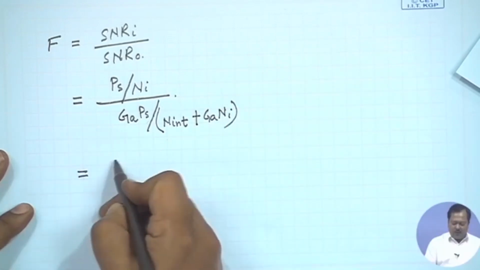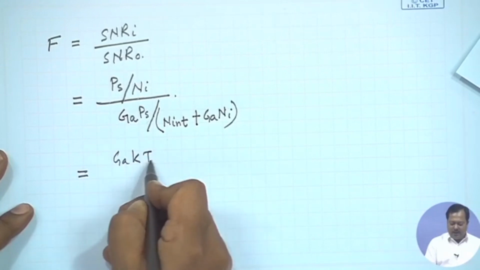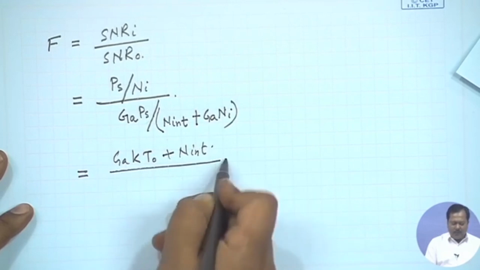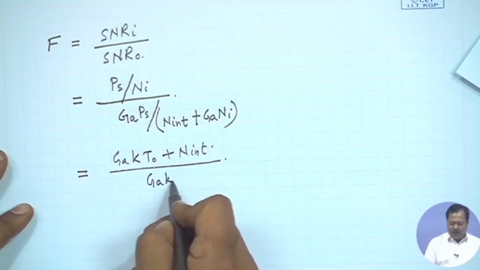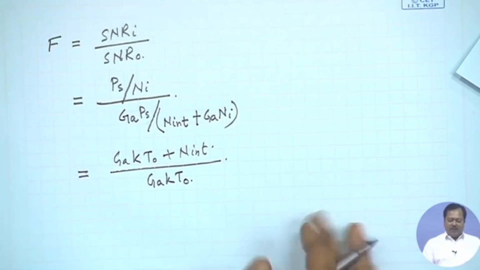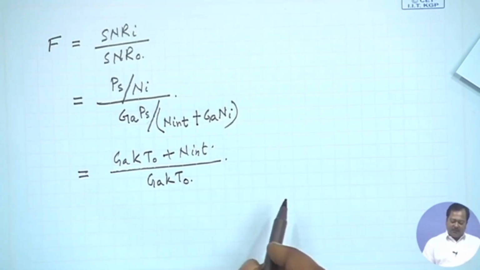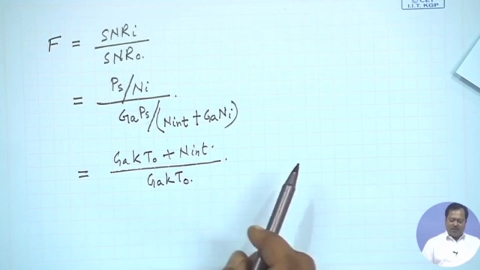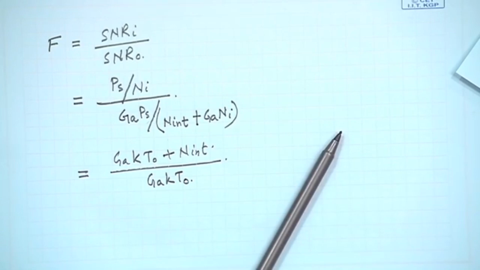So, this is equal to Ga k T naught plus N internal, divided by Ga k T naught. Now, it is a function of temperature. You see, what value should we take for T naught? If the noise from my left hand side changes, obviously this value will change.